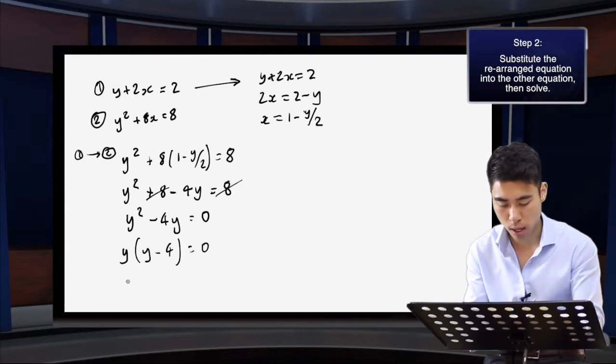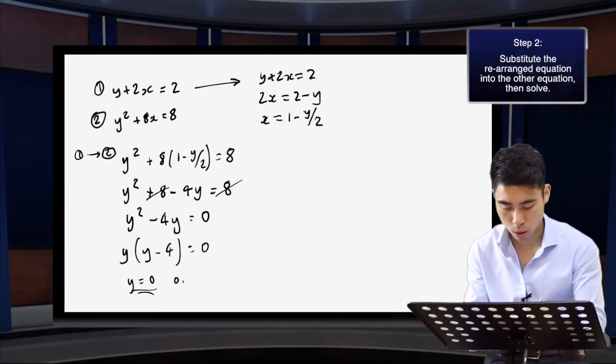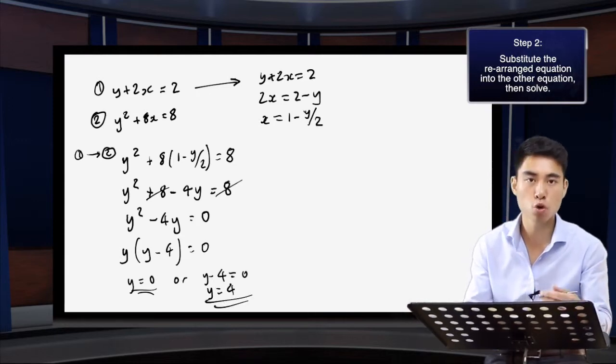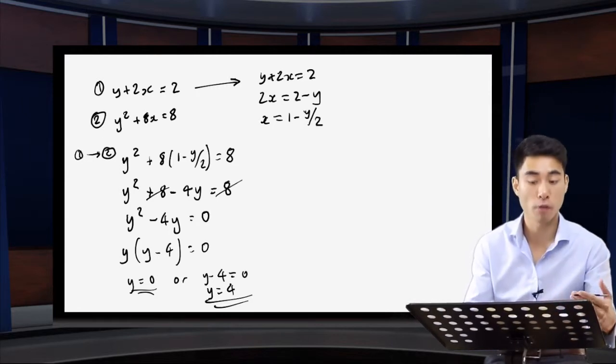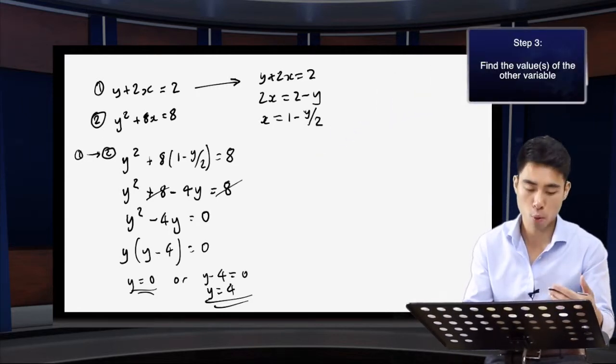So you notice here we're going to get 2 solutions, so either y equals 0 or y minus 4 equals 0, which means that y equals positive 4. So notice here we've got two y solutions, which means that we're going to get 2 solutions for our x as well. So we're on to step 3 now.